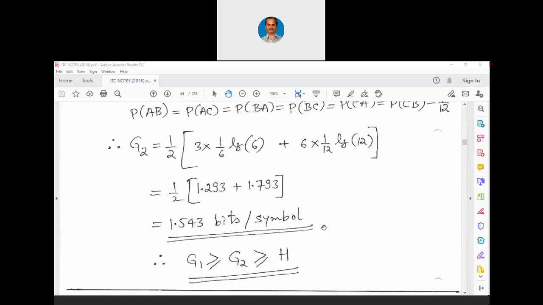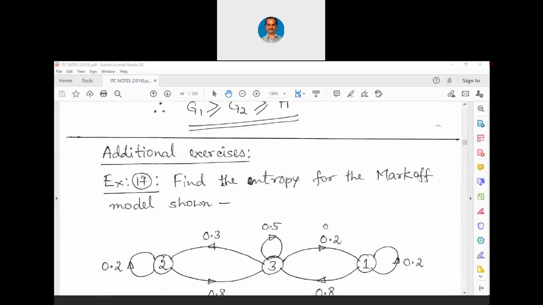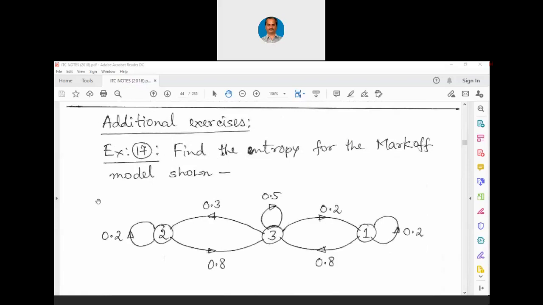Now from now on, there are some additional exercises. I will not be solving all these exercises in the class. I will ask you to go through the notes again and go through all these exercises on your own. Anyhow, I have solved all these exercises in the notes. But as the time is lesser, I will have to continue to the next topics as well.